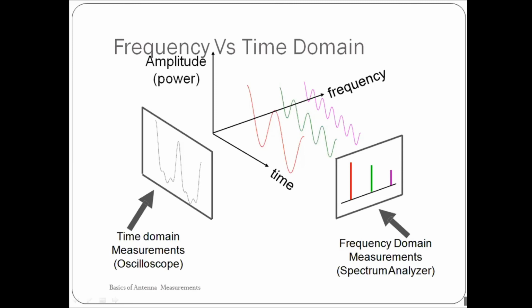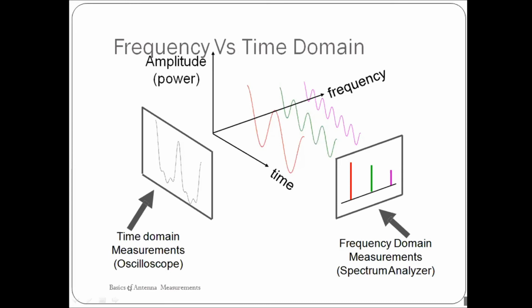The frequency measurements, you see, you have a number of frequency components present in the modulated signal. So in the modulated signal, you have a carrier frequency FC and FC plus FM, FC minus FM, lower sideband and upper sideband, first sideband.